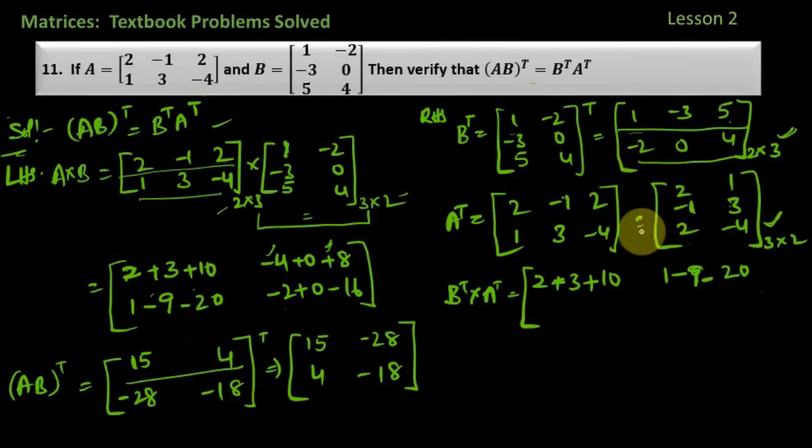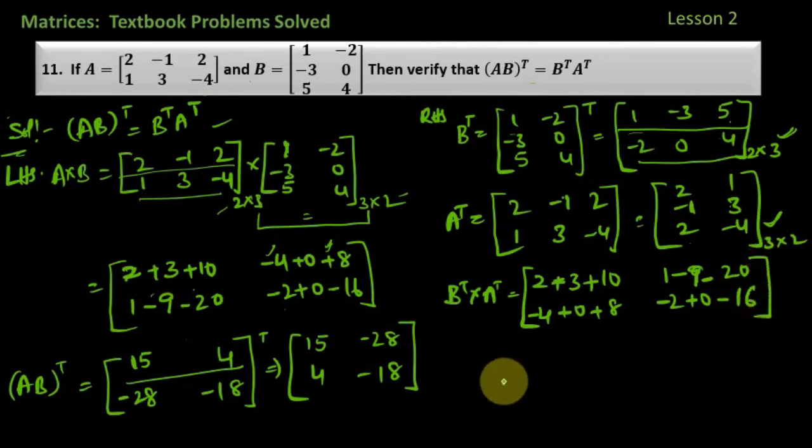So minus 2 into 2 is minus 4. 0 into 1 is again 0. Here 4 2s is plus 8. Same thing, minus 2 1 is minus 2. 0 into 3 is again 0. So 4 4s is minus 16.